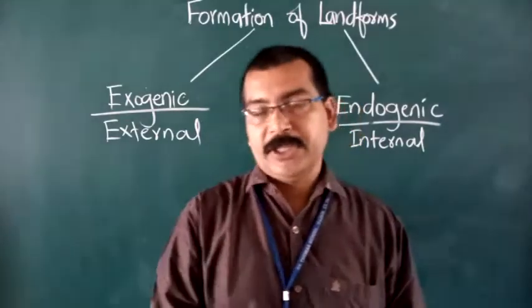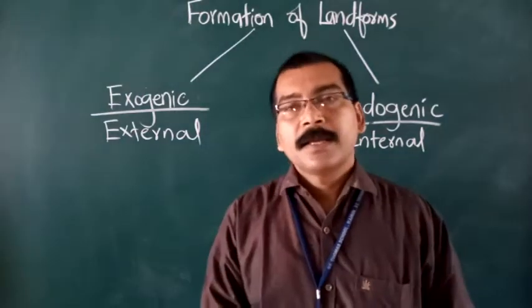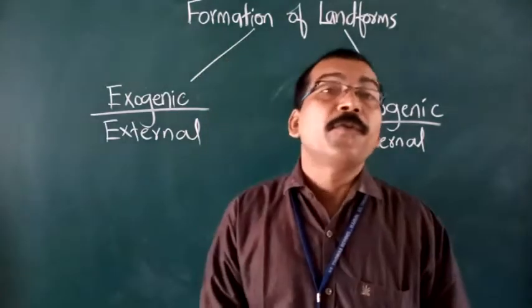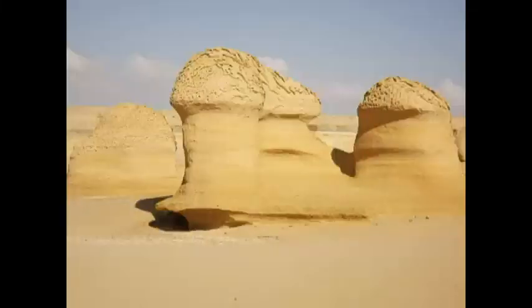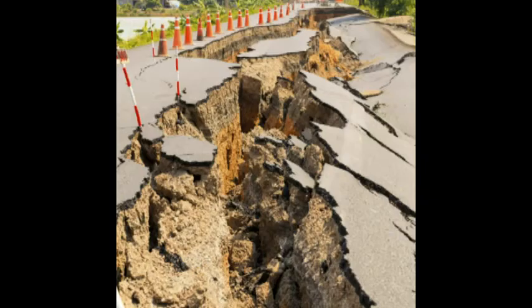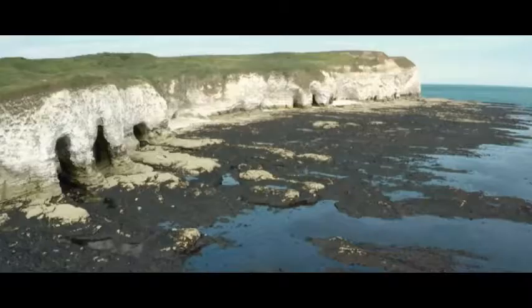Agents of denudation include running water, glaciers, wind and waves. Because of these agents, landforms are continuously changing, and so these are called as agents of denudation. Because of the agents of denudation, a lot of changes are taking place on the surface of the earth.